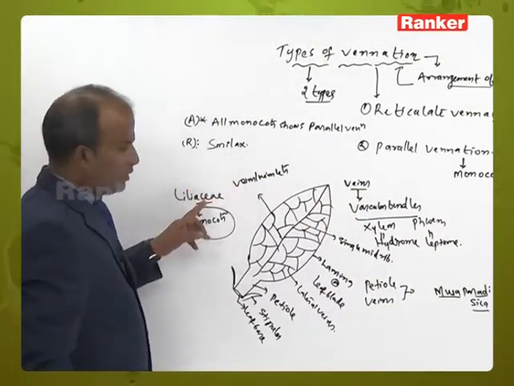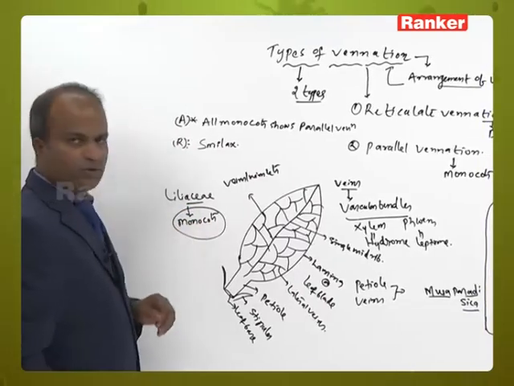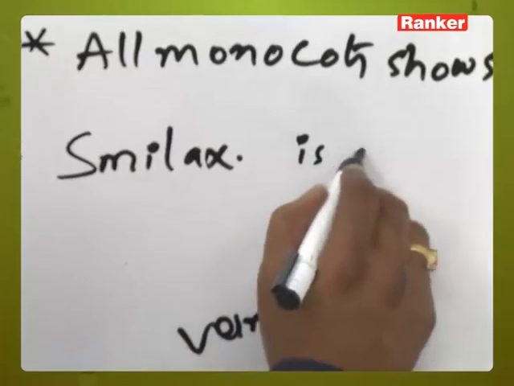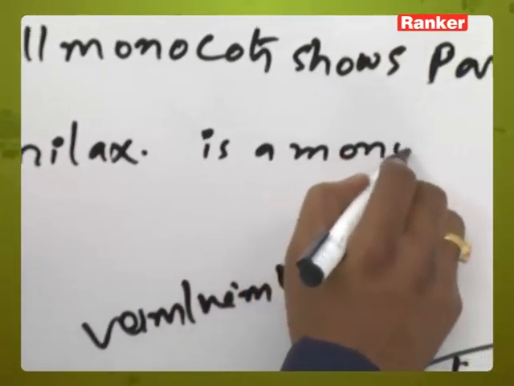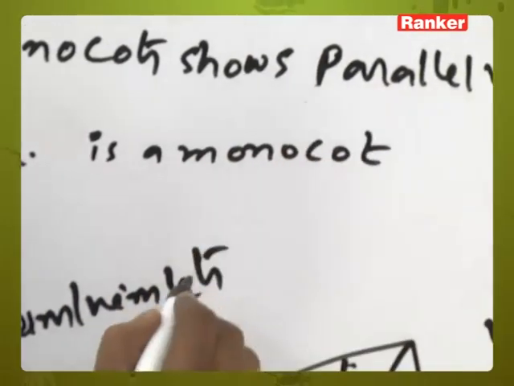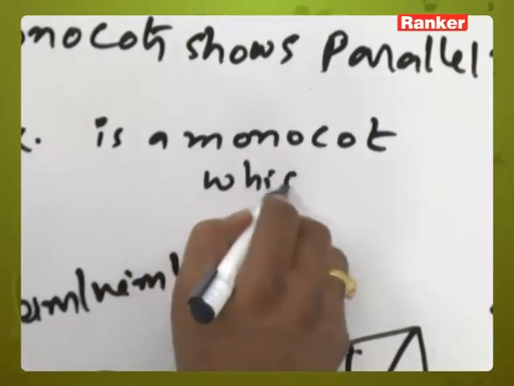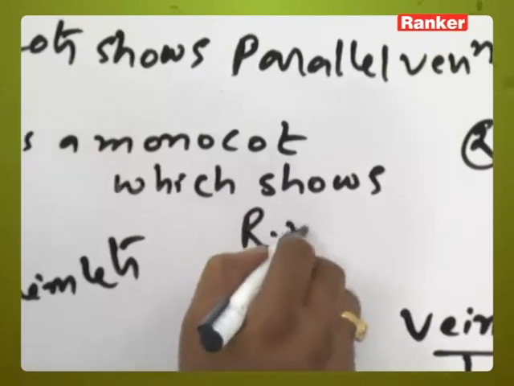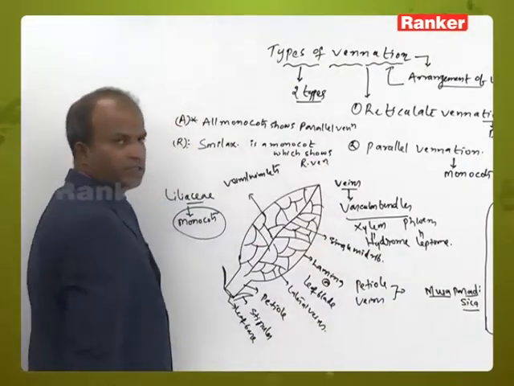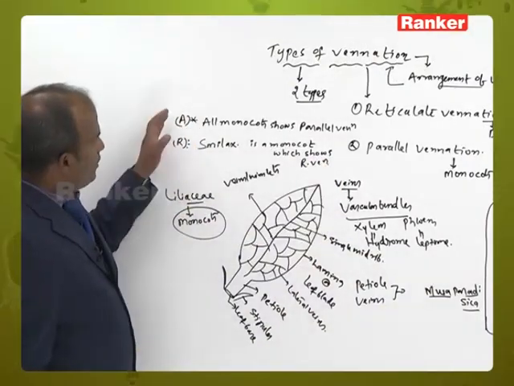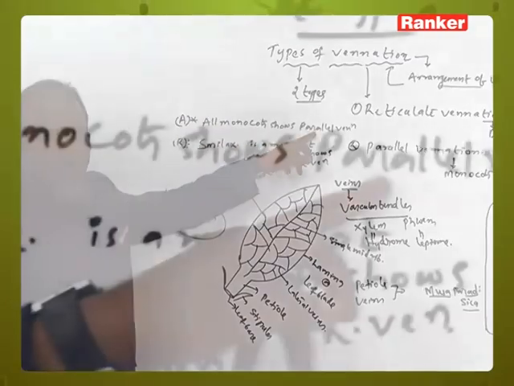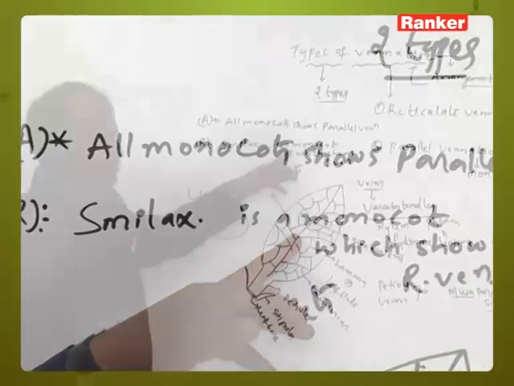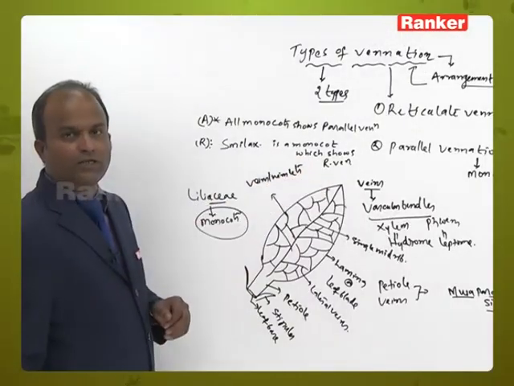Smilax belongs to Liliaceae, that is monocots. Which venation does it show? Smilax is a monocot which shows reticulate venation.